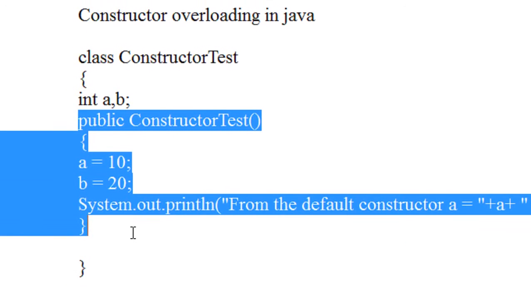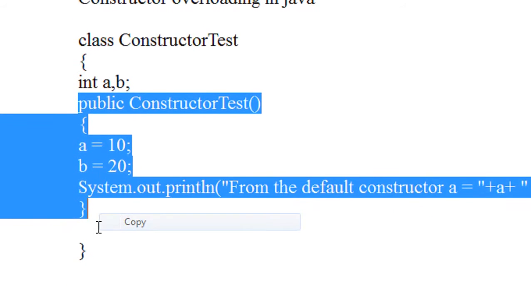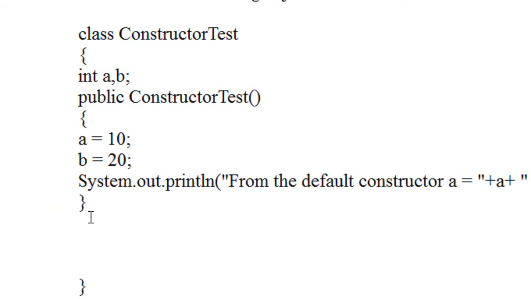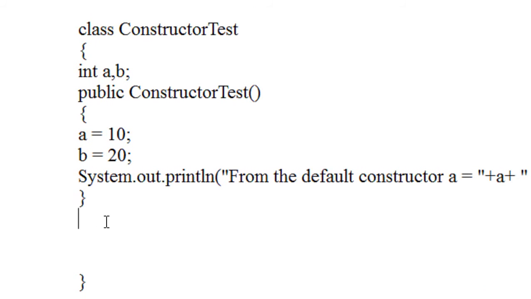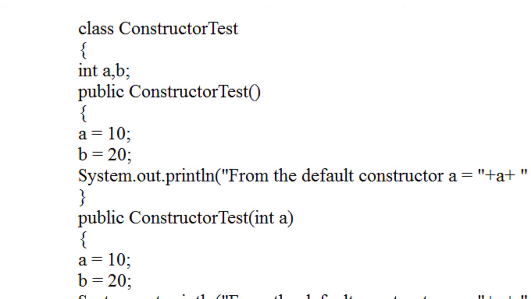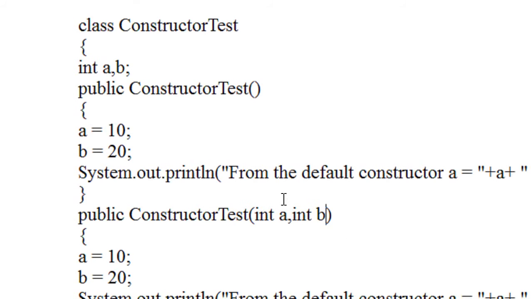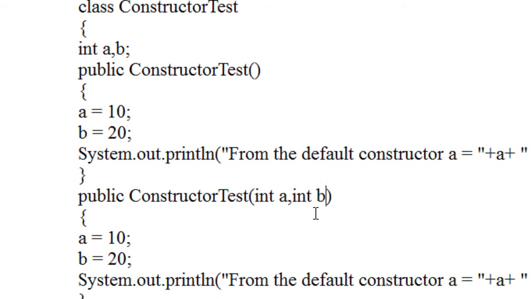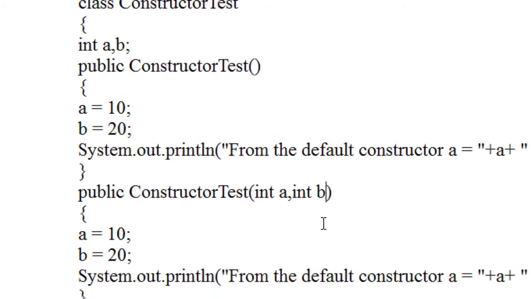Now again I create another constructor for this class. But here I am going to take two values, int a, int b. Here I just place two arguments, two integers a and b.